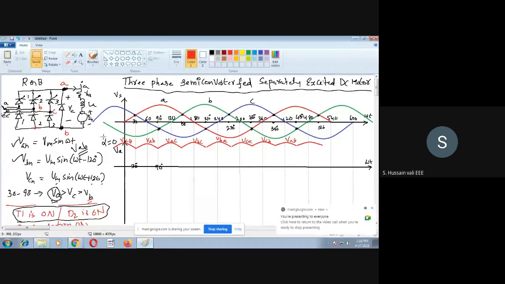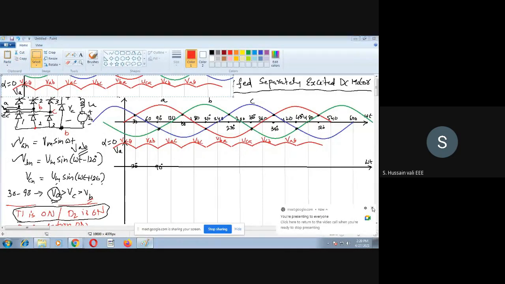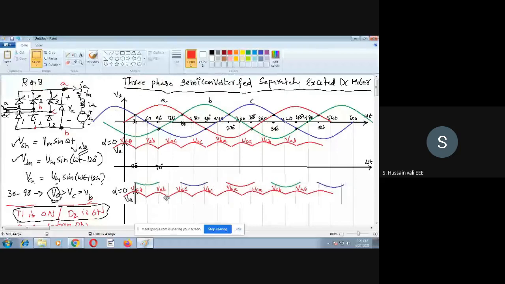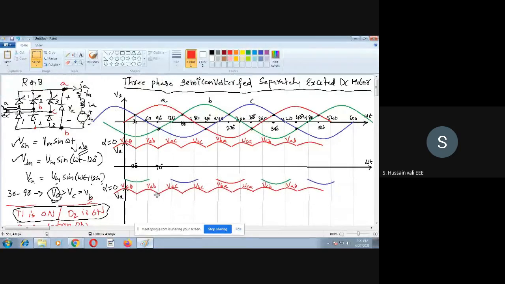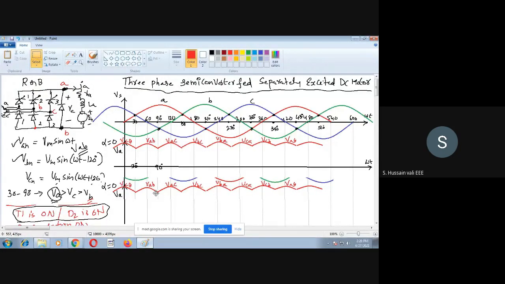I will copy this one, and the remaining things I will erase.